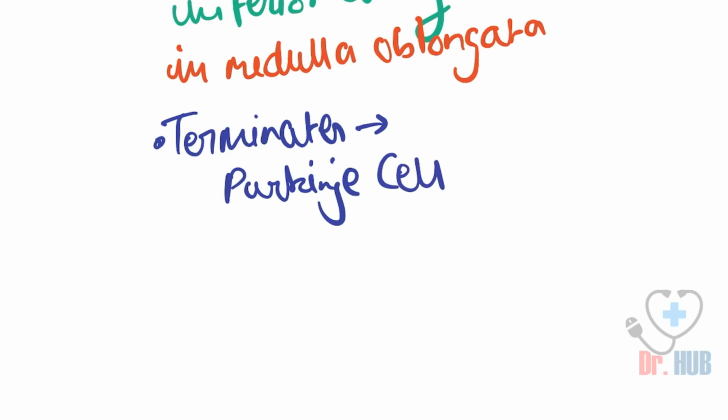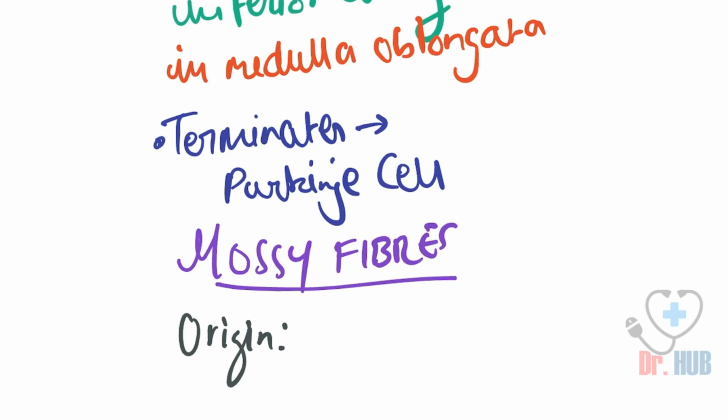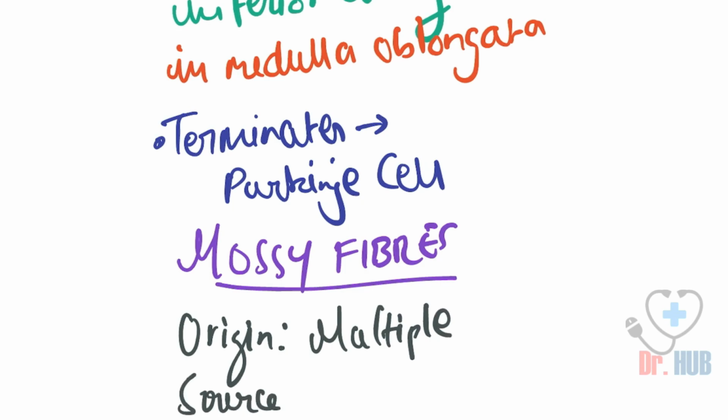Then we look at the mossy fibers. Looking at the origin, the origin is multiple sources in the spinal cord as well as the brainstem.